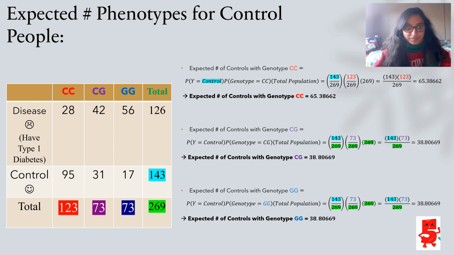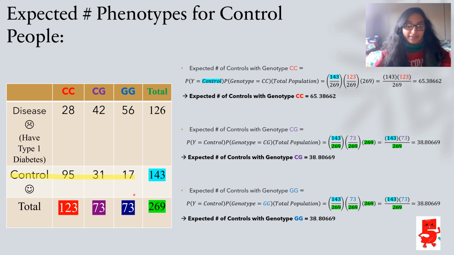We got 95 individuals who are controls, who don't have type 1 diabetes, who have CC, and then 31 CG who are controls, and then 17 GG as well, who don't have type 1 diabetes.